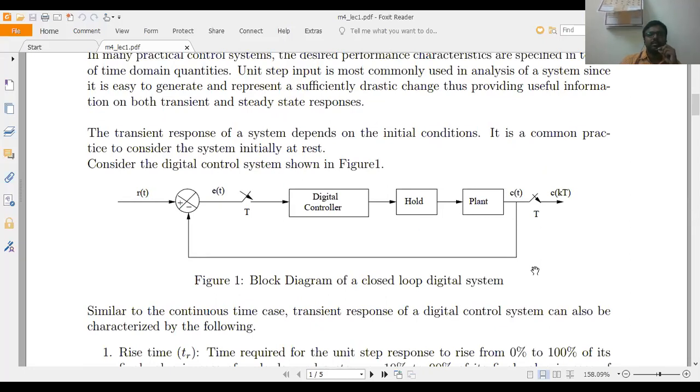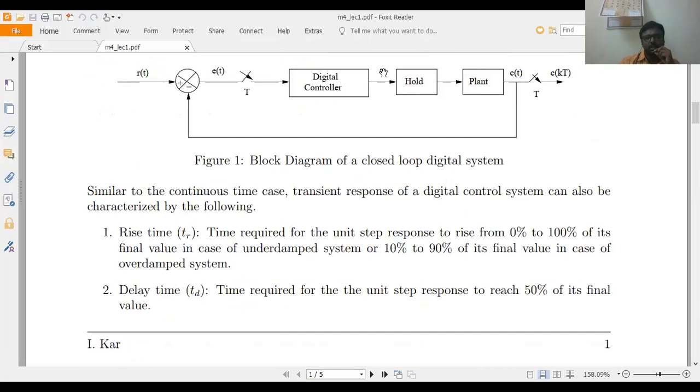Okay. So while talking about the transient response of the digital control system, similar to the continuous time case, it can be characterized with the following specifications.